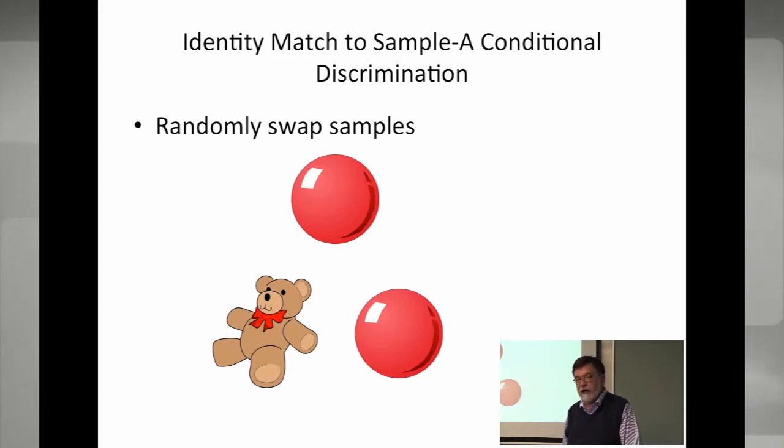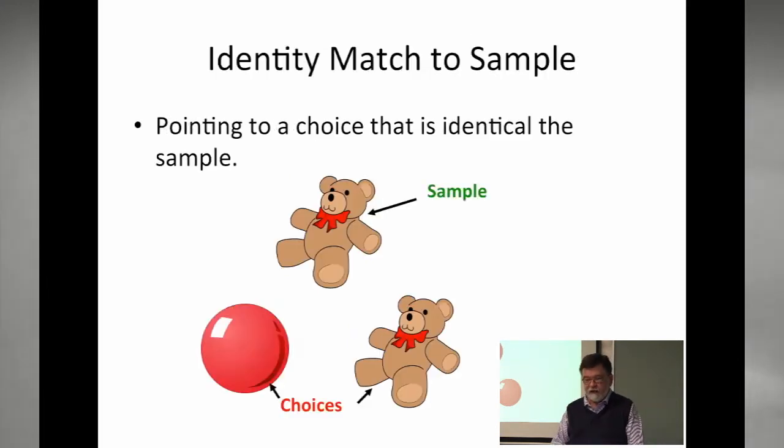The learner's job is to use that ball at the top of the slide, often referred to as the sample, as the instructional cue to tell the learner which of the 2 choices they should take. On other opportunities, the corresponding object, in this case the teddy bear, becomes the sample, and I still have the 2 choices out.